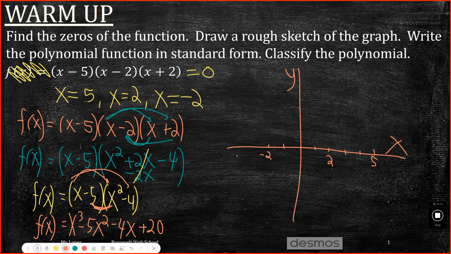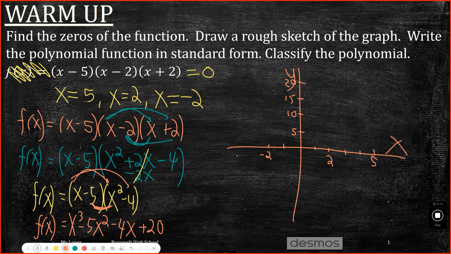What is the y-intercept of this polynomial? Isn't the y-intercept this right here, 20? So the y-intercept would be somewhere right here. I could make it go 5, 10, 15, 20. It's like right here.